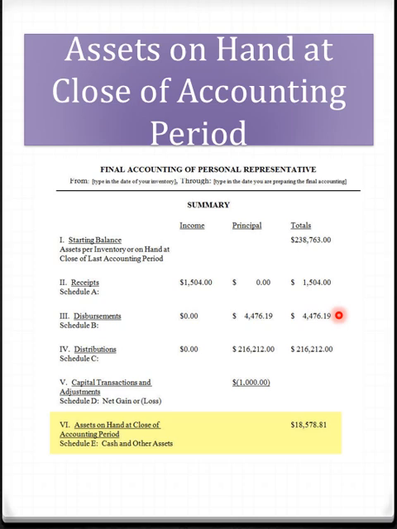That's the $1,000 we had to fix because the $10,000 listed in the inventory was really $9,000. And here we have this total. It should equal, and I believe I've done it enough that it does, $18,578.81, which miraculously is exactly how much money is on our checkbook ledger, and exactly how much money is in our Schedule E.